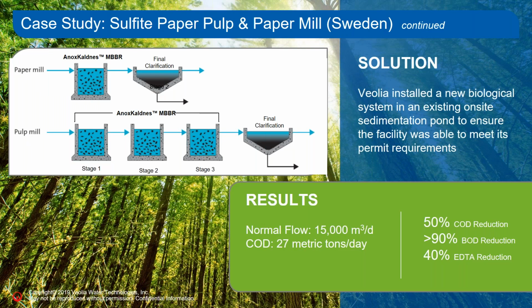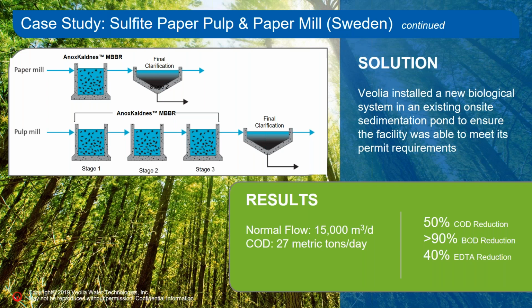And here we chose this because one of the streams from a paper mill has a rather high water flow but low COD concentration, while the pulp mill effluent is more concentrated and more complex, with more complex things you need to remove. So in that case, 3 stages of MBBR in series, but straight through, flow through.